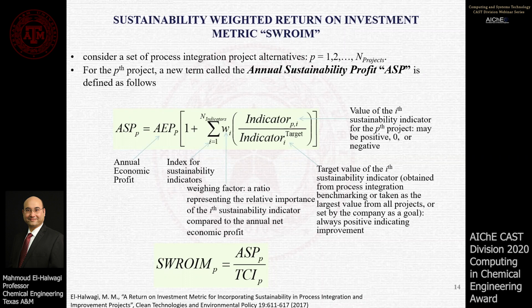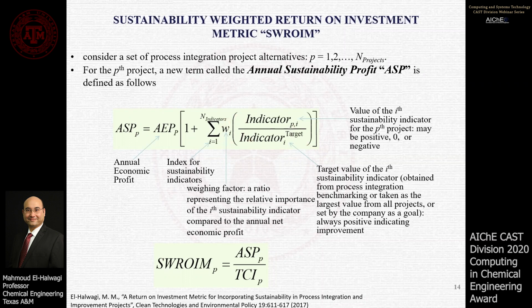Next, for each one of those indicators, we use targeting techniques to determine the best that we can do: say maximum reduction in energy, maximum reduction in water usage and discharge, and so on, similar to the example that I showed you before.